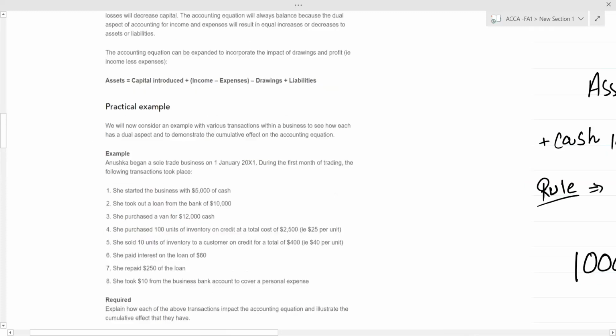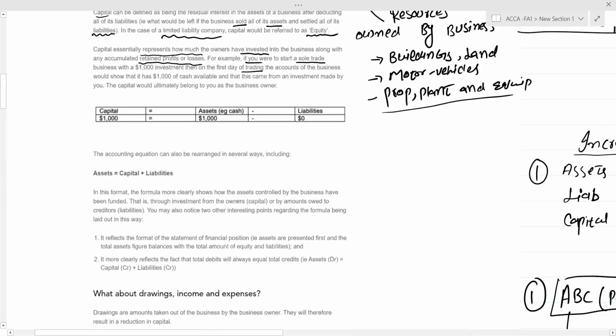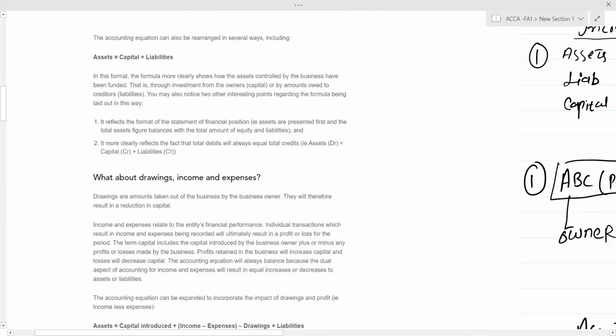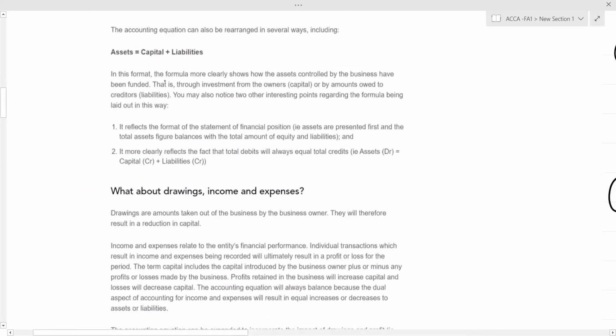So this is a very basic example of recording an investment, recording funds provided by the owner of a business, in the accounting equation. Now we will discuss this format. The formula more clearly shows how the assets controlled by the business have been funded. This is through investments from the owners, which is called capital, or by amounts owed to creditors.